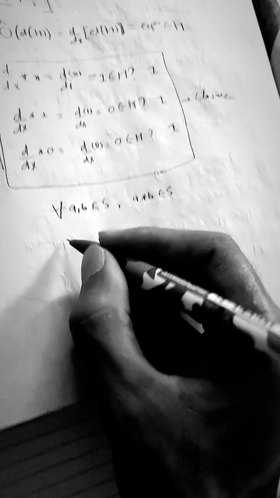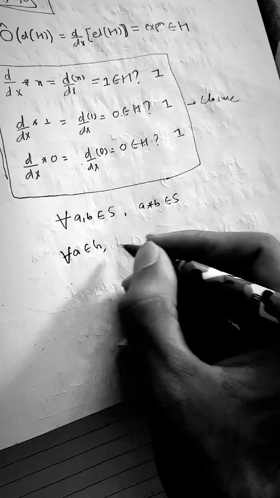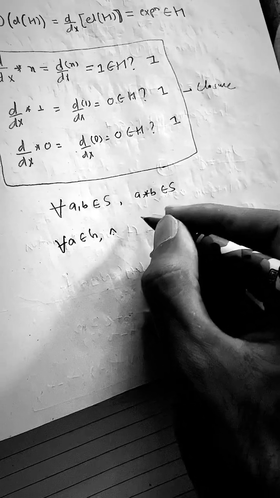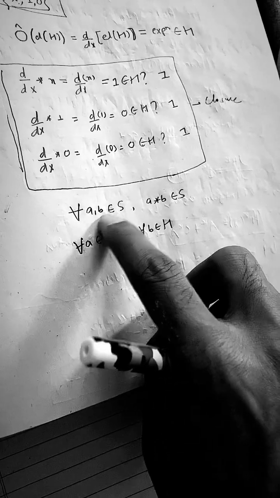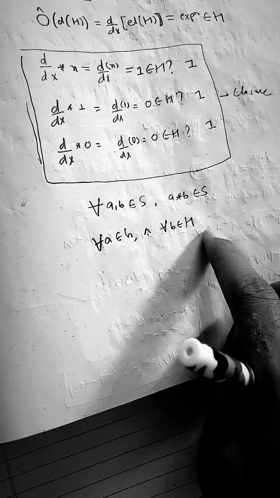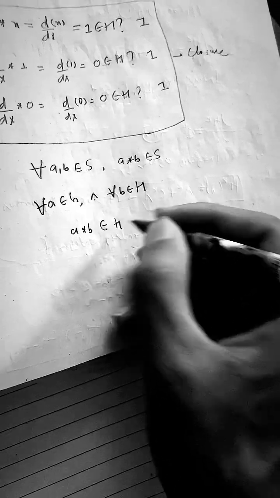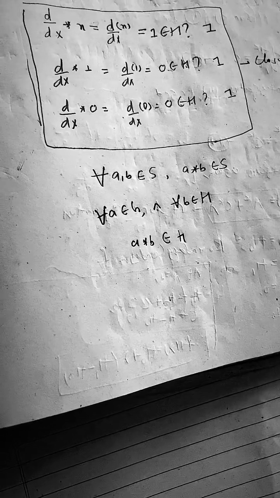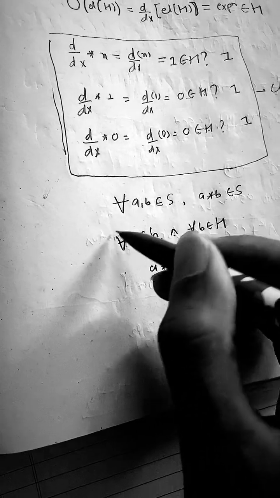But here what is happening? For all A that belongs to a set G, and for all B that belongs to set H. See, in the first case both are coming from the same set, here they are coming from different sets, G and H. Now what happens? A star B belongs to H, not G, right? So it is a different kind of closure, okay?